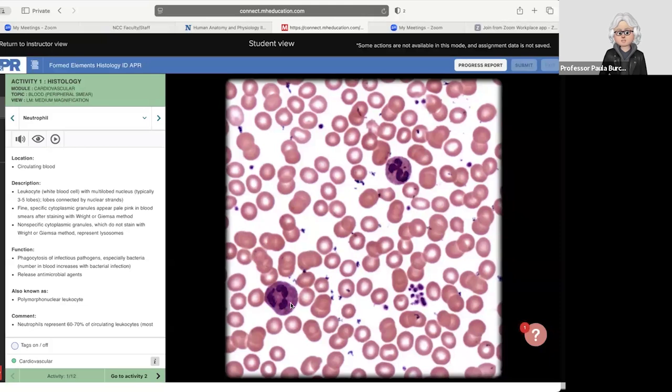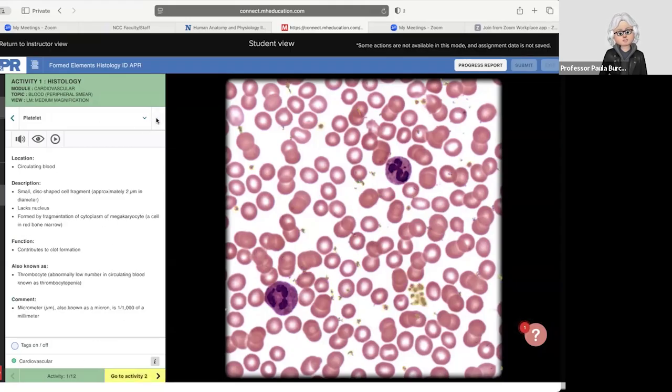They're going to be eating the bacteria. They also use other types of immune responses to get rid of the pathogen. And I do have some videos in Brightspace, so go ahead and watch those videos so you understand what they do a little bit better.